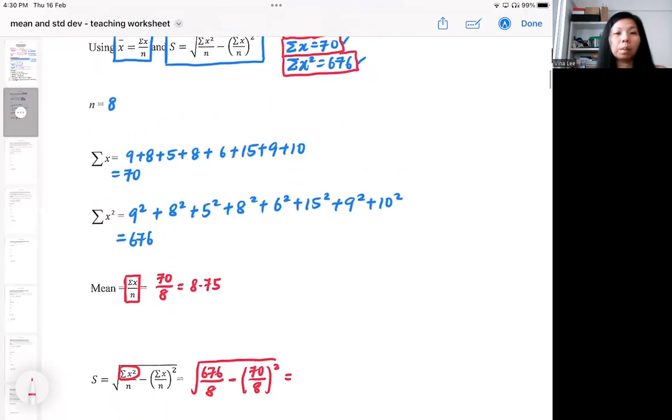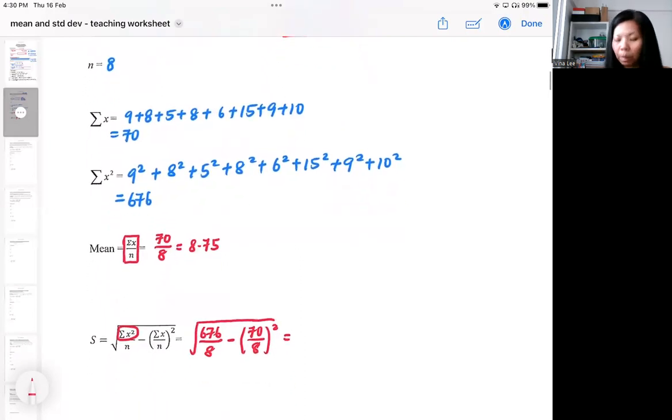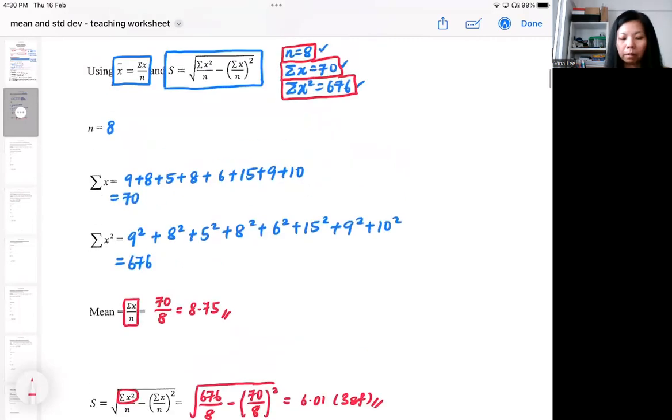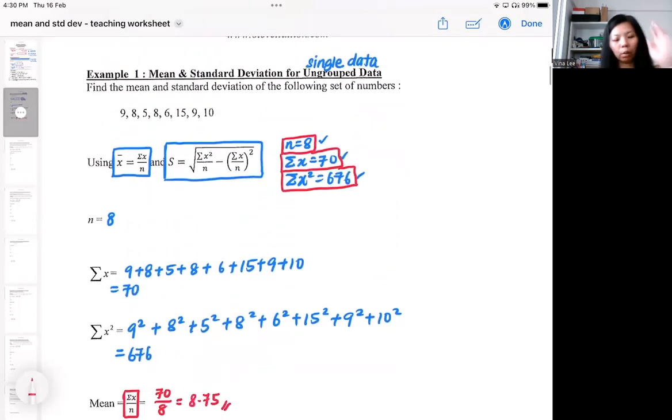It's really as simple as you just insert and then you punch the calculator. Usually the standard deviation won't be a nice number, so you return it as 3SF. So that is how you calculate a mean and standard deviation from single data.